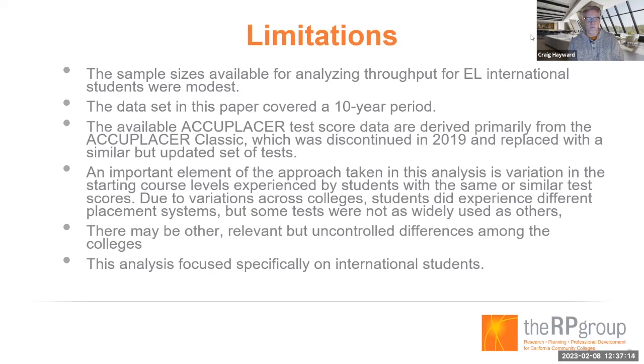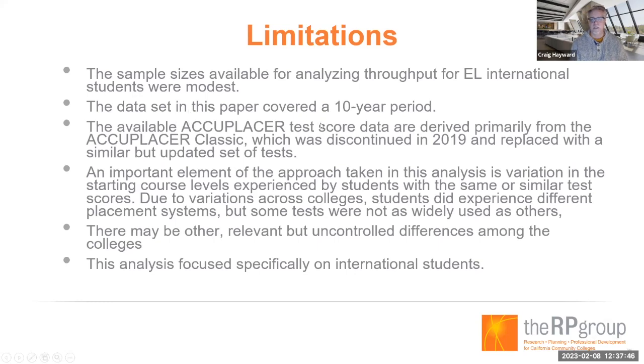Because the international student community is a relatively small subset of community college students in the system, and because of the way we were collecting the data, the sample sizes that we had for the different tests were relatively modest, particularly when you compare them to the other MMAP analyses that have been done, where we have hundreds of thousands of students or even millions of records.